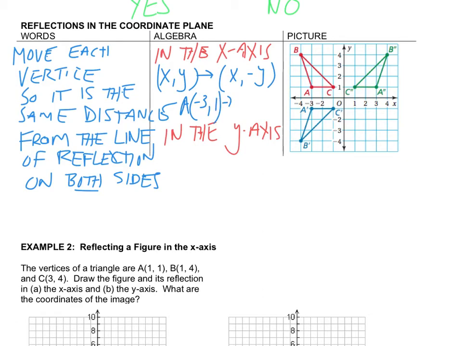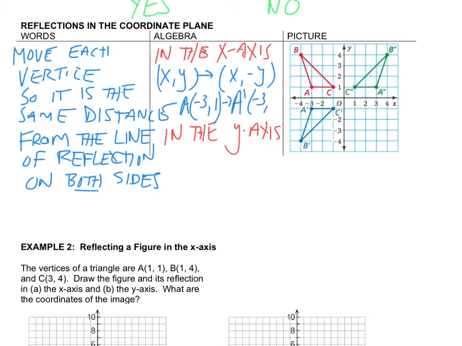In the x-axis, A prime, which is sitting from A down to A prime, this one's -3, but now it's at -1. So notice the distance is the exact same distance above and below the x-axis. Notice that the -3 didn't change.